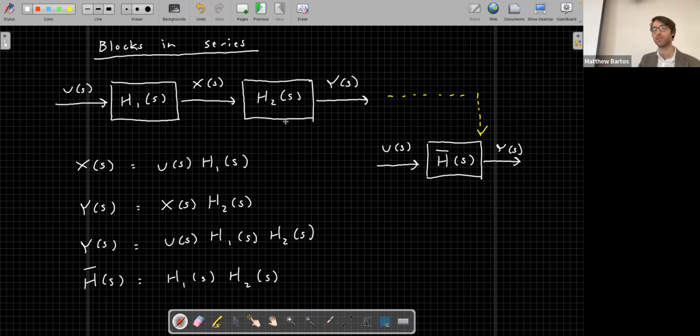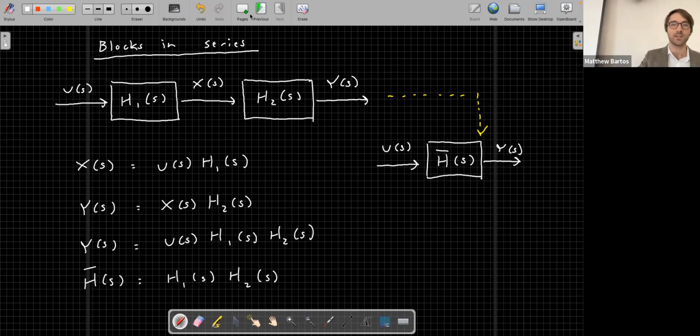Note that H1 of S and H2 of S are each functions in the frequency domain. The net effect of two blocks in series is to multiply those two functions together. Any questions?